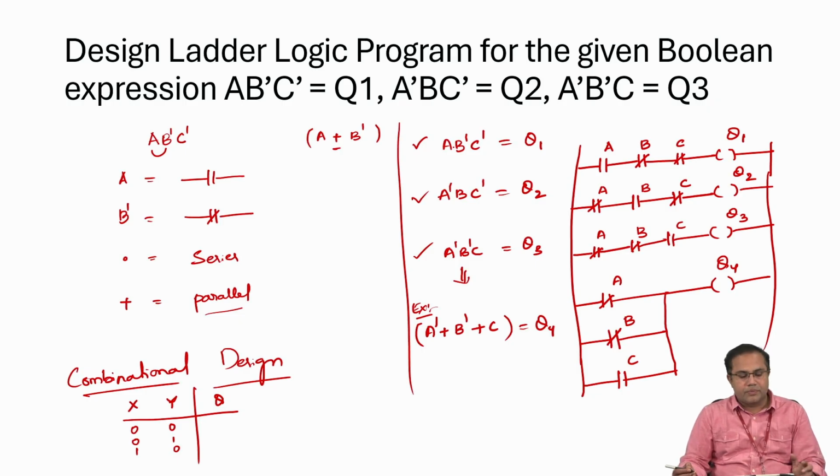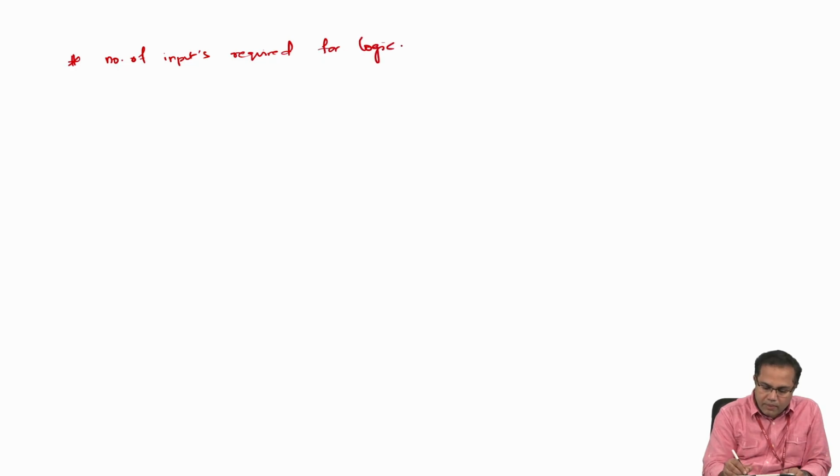So you know that in digital electronics there are several combinational designs available. For any design, the basic key is first you need to estimate the number of inputs required for the logic, and similarly the number of outputs also.